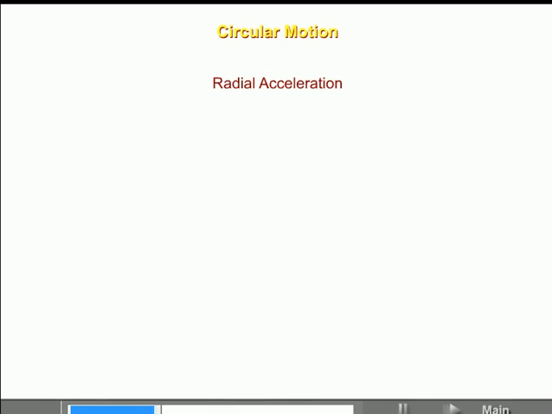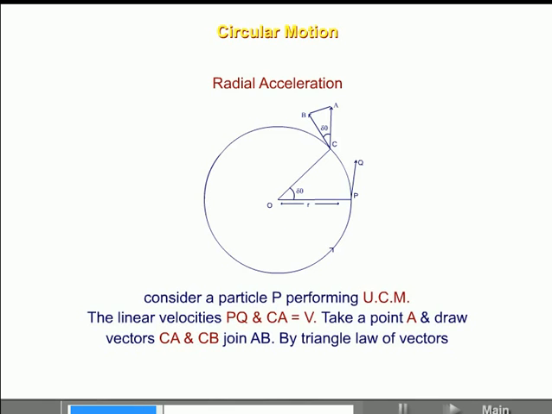Radial acceleration. The linear velocities are PQ and CA, equal to v. Take a point A and draw vectors CA and CB. Join AB. By triangle law of vectors, CA plus AB is equal to CB. AB is equal to dv upon dt, and angle ACB is equal to angle POQ, which is equal to delta theta.